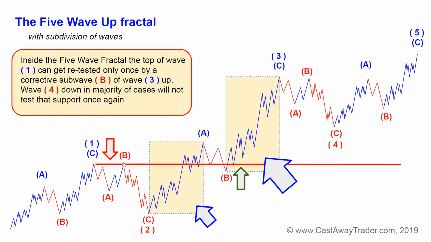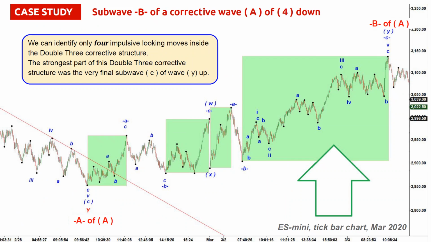So that level actually creates a strong support underneath. We can call it a demand zone. What is really important in an impulsive structure is that once price tests the demand zone and pops up afterwards, it does not come back down again. That is one of the signs of an impulsive structure.